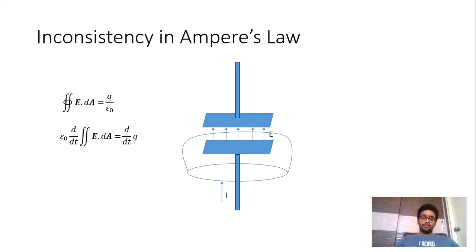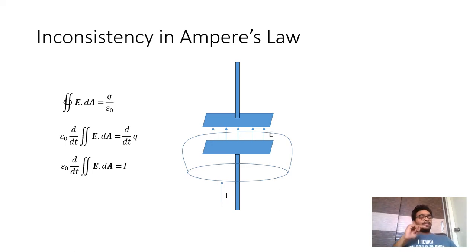So I took the derivative. If you see the right hand side, dq by dt is nothing but the current in the conductor. So the current itself, see what is the magic here? The current itself which is flowing through the conductor of the capacitor plate is changing into a change in electric field. Actually speaking, it is not the change in electric field.